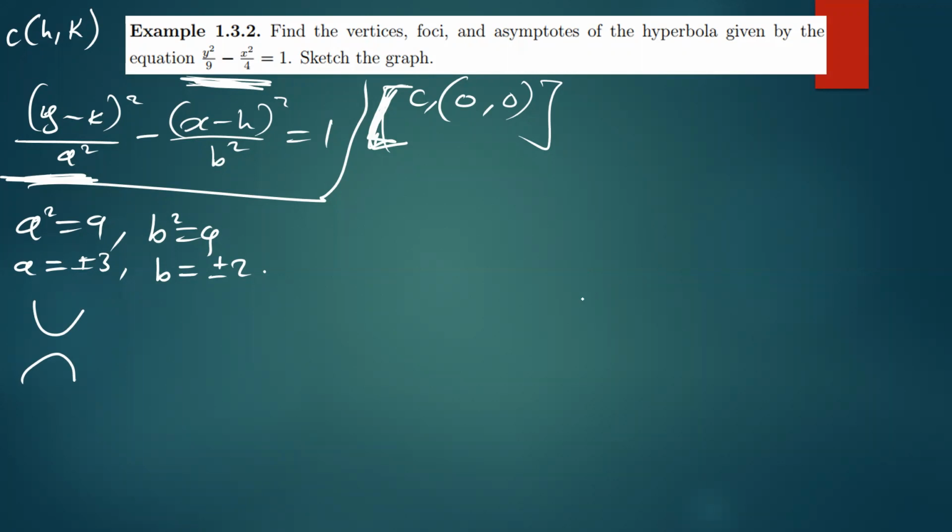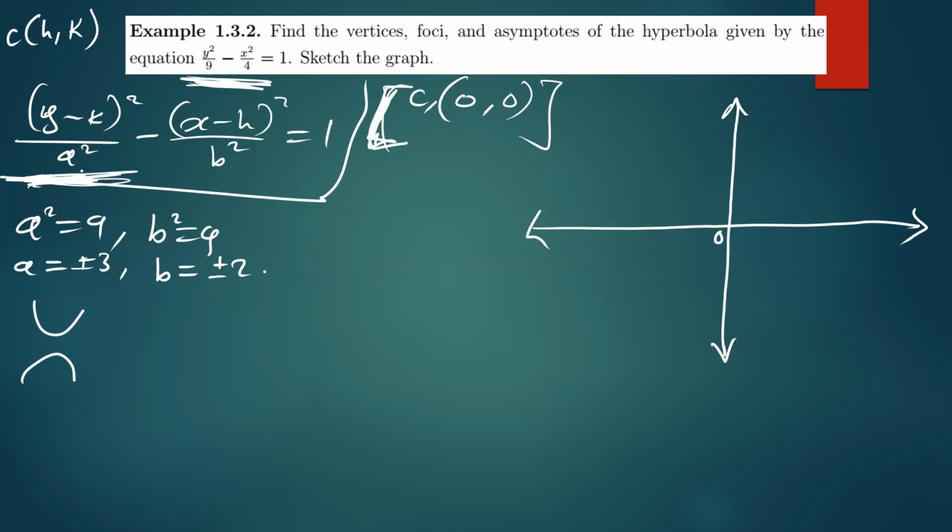Now, to sketch the curve, I'll do a very simple one. I'm going to move a steps along the y, because the value of a is at the denominator of y.